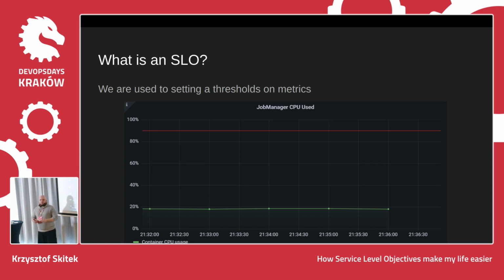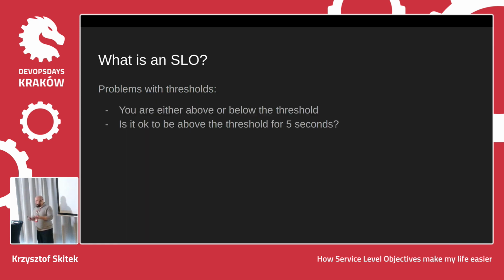We are also pretty used to setting up some thresholds on those metrics. For example, like in this case, 90% of CPU usage means our service is bad.